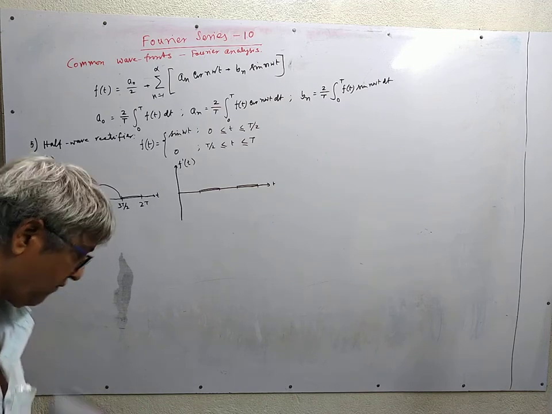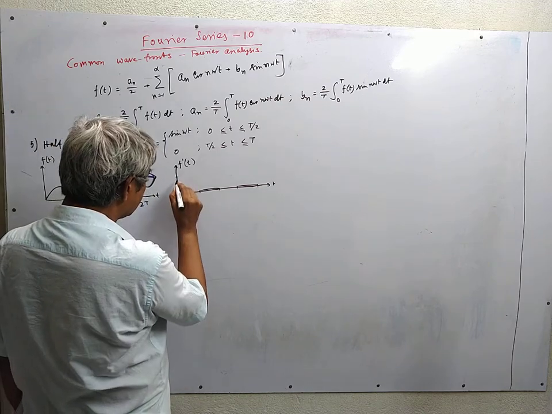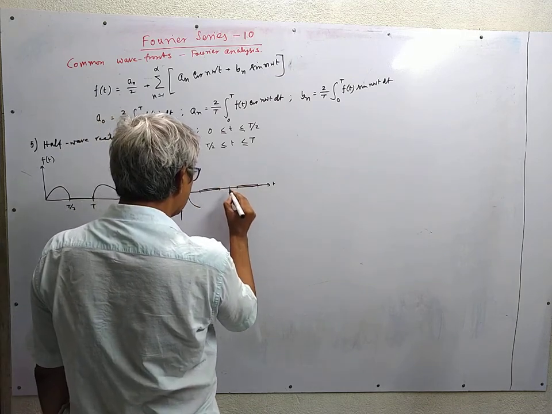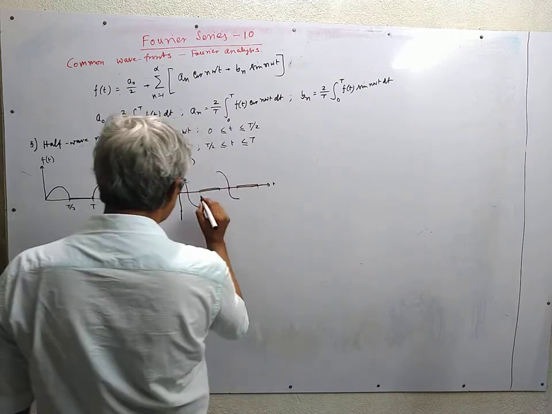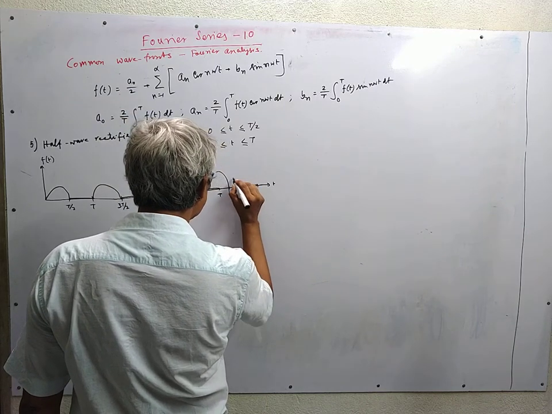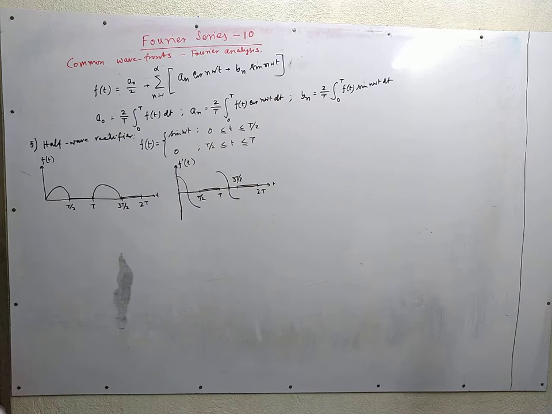So the form of the graph will be this, and similar here. This is the graph. So we expect that there will be no Gibbs phenomena and the expansion coefficients will have 1 by n square dependence.